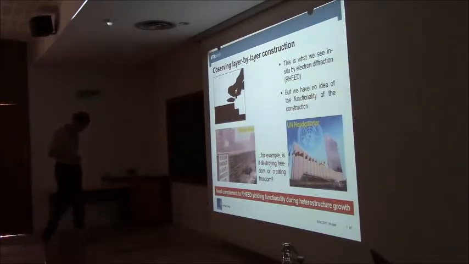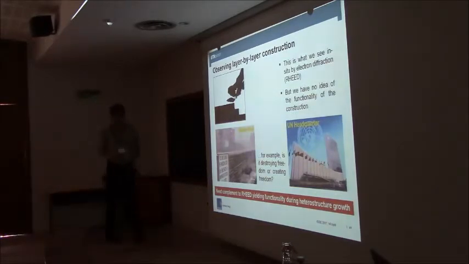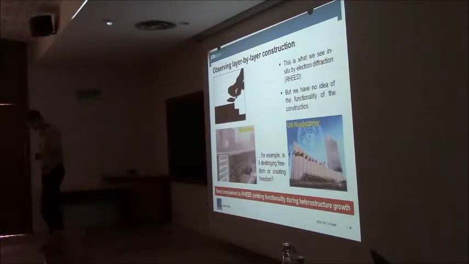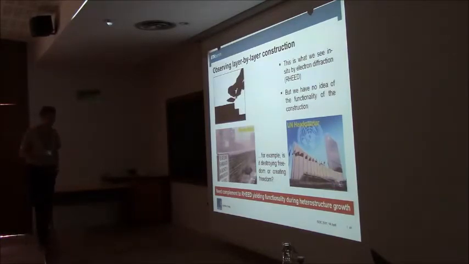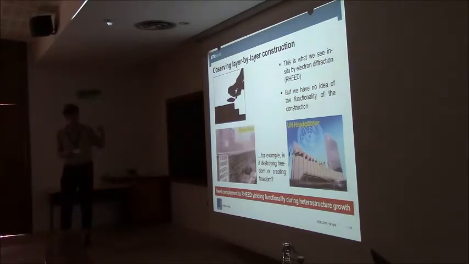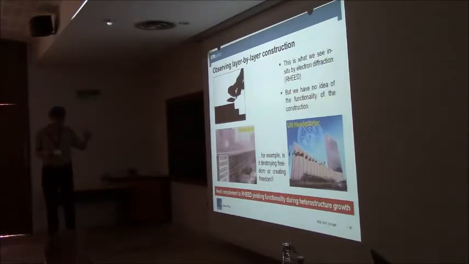And in our group we have Morgan Trassin, who set up all this pulsed laser deposition growth, and he is now doing this. So he is combining a laser with a pulsed laser deposition apparatus in order to watch samples grow and functionalities like ferroelectricity grow along with them. So this is what Morgan did.